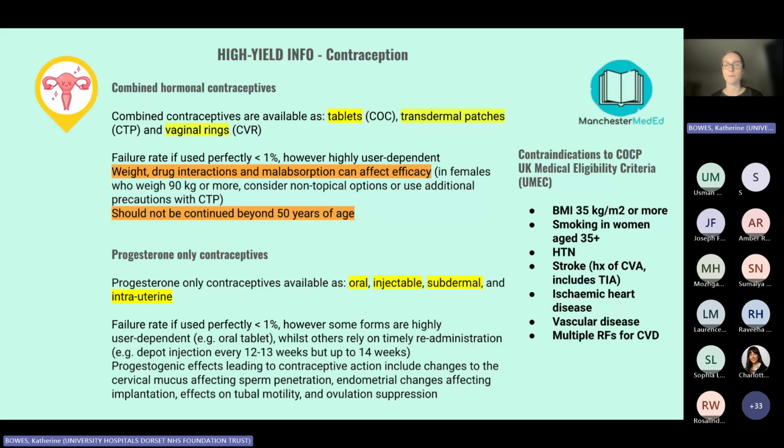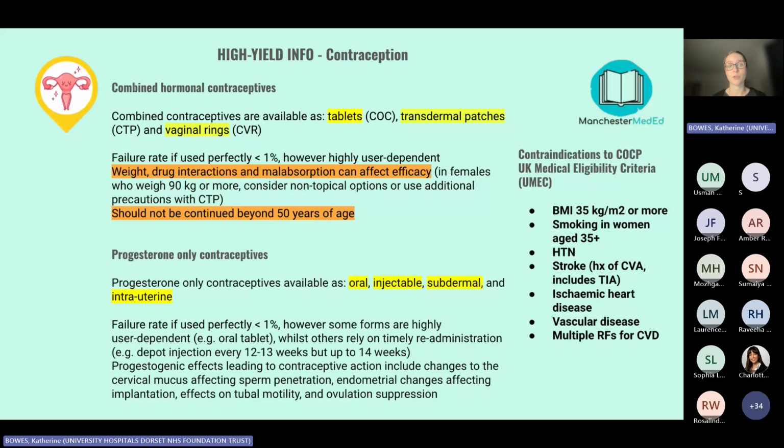BMI more than 35, women who smoke and are aged more than 35 years, hypertension, stroke or history of stroke, and that will include history of TIA as well, ischemic heart disease, vascular disease, and if someone has multiple risk factors for cardiovascular disease, so high lipids, strong family history, then this would be less appropriate.